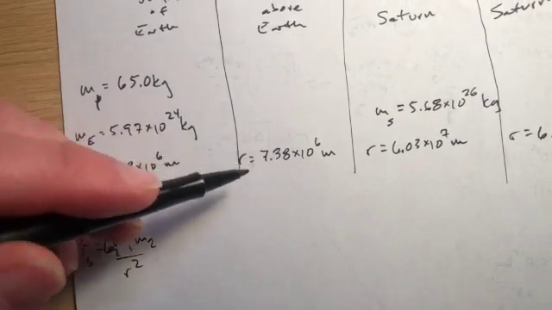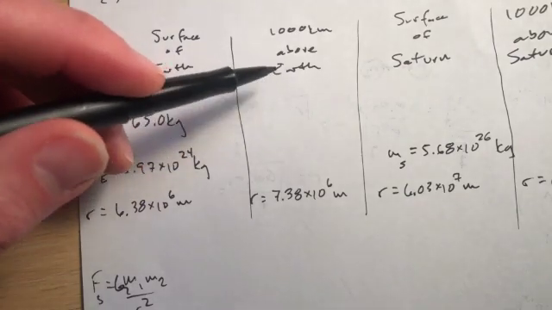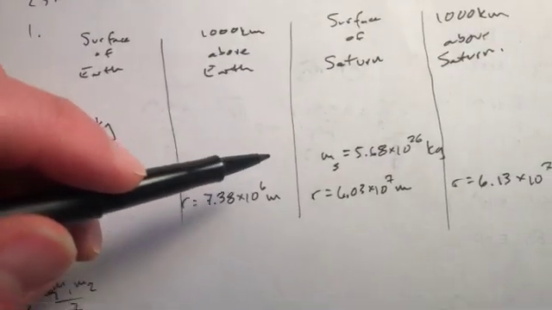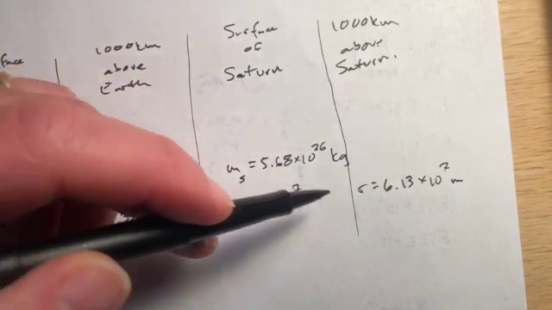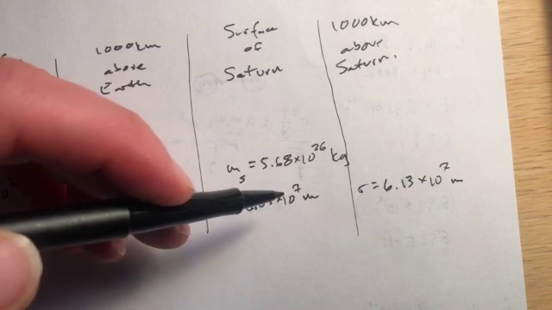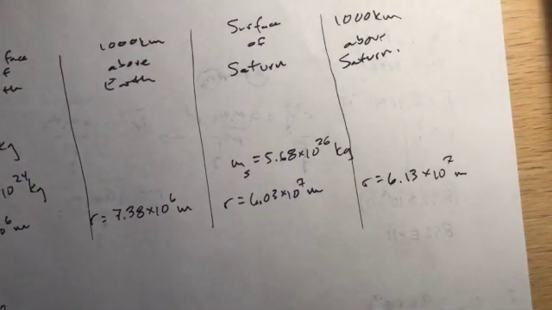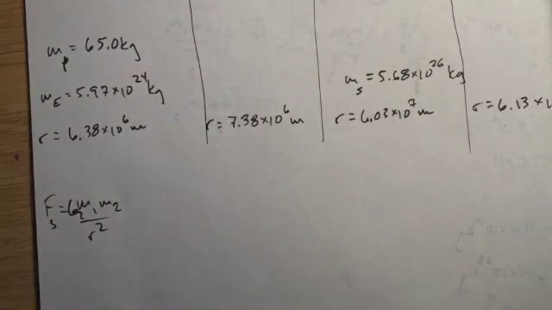Notice that what you should find is that going 1,000 kilometers above the Earth will have more of an effect than going 1,000 kilometers above the surface of Saturn, because it's a smaller percentage of Saturn's radius. So it's not very much compared to what it was. So anyway, you'll have 4 answers for FG here, and you compare what happens.